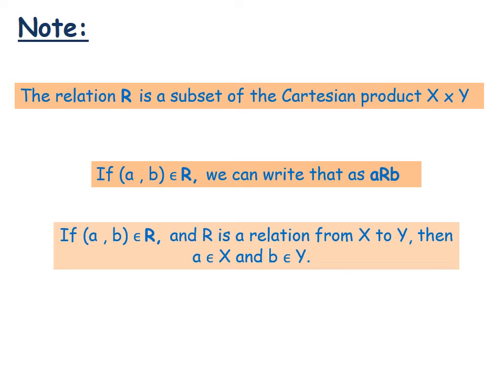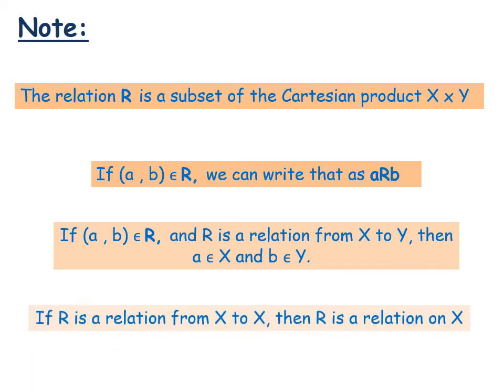The first projection belongs to the first set and the second projection in the ordered pair belongs to the second set. The last note: if R is a relation from X to X, so I'm talking about a subset of the Cartesian product X crossing X, then I can say that R is a relation on X.